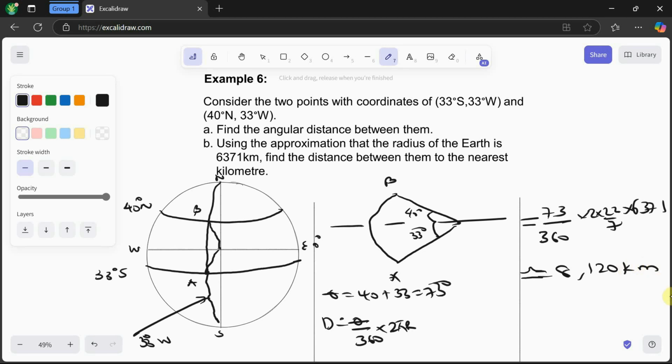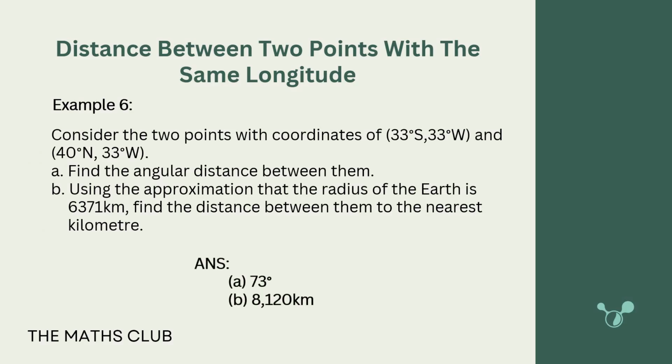So let's see, the question says using the approximation, find the distance between them to the nearest kilometer. Just as the question said, to the nearest kilometer, so we're good here. So the angular distance is 73 degrees, and the distance is 8,120 kilometers. Let's see if our answer is correct. Great. So 73 degrees and 8,120 kilometers.